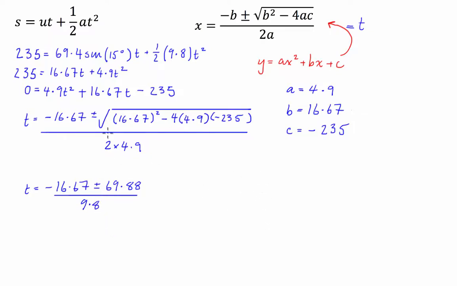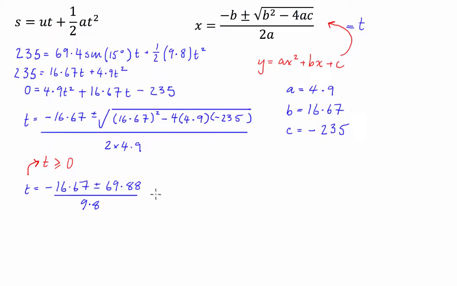Now, we're looking for time here, so when doing physics or any kind of application of quadratic formulas, we have to make sure that the values of t that we solve for actually make sense in the context of the question. If we go negative 16.67 and subtract 69.88, we get a negative number, and time has to be greater than or equal to 0. So subtracting 69.88 rules out that option.